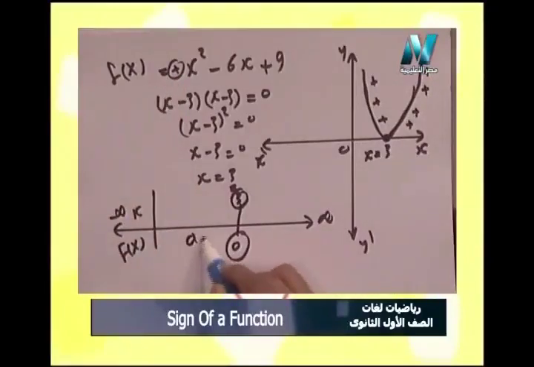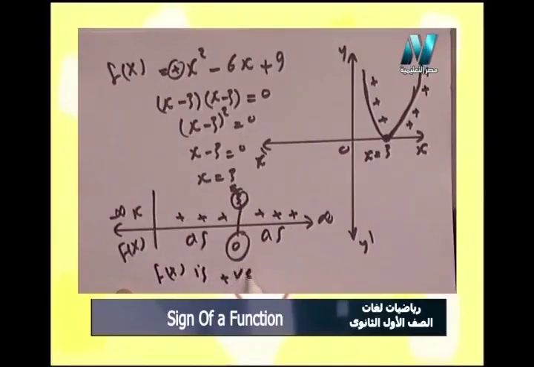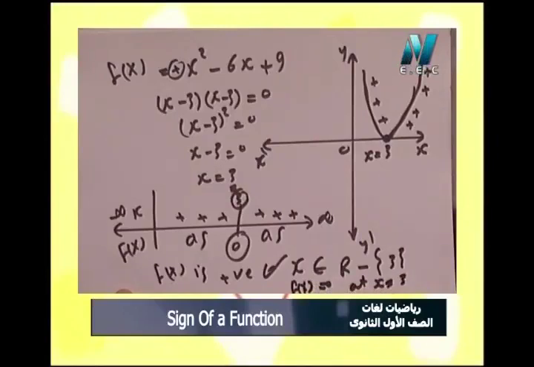So the function is positive for all x belongs to R except one element only, which is 3, and it equals 0 at x equals 3.